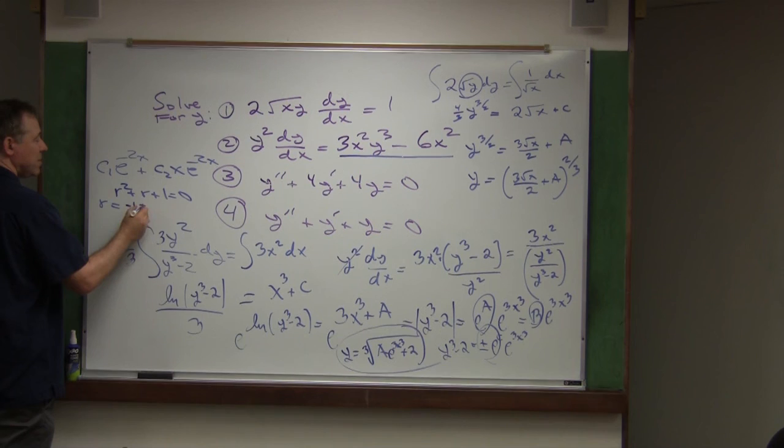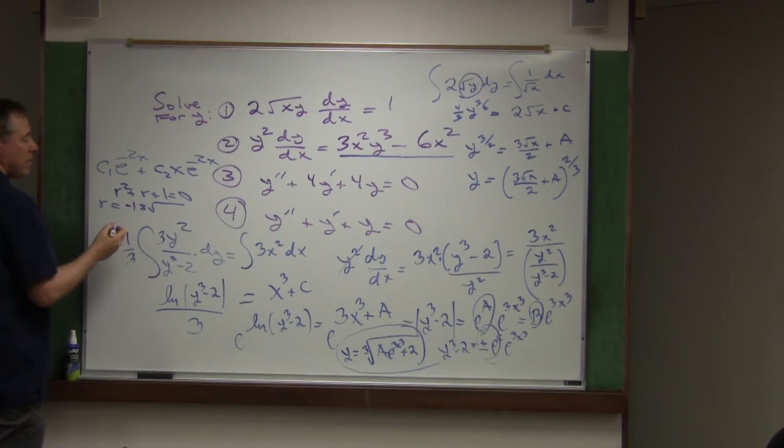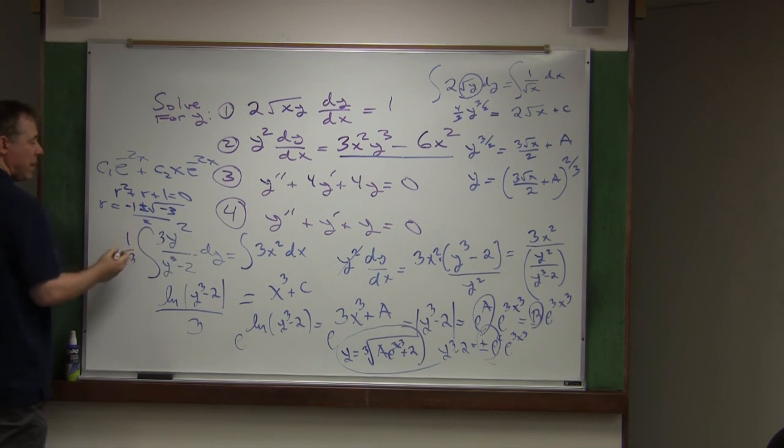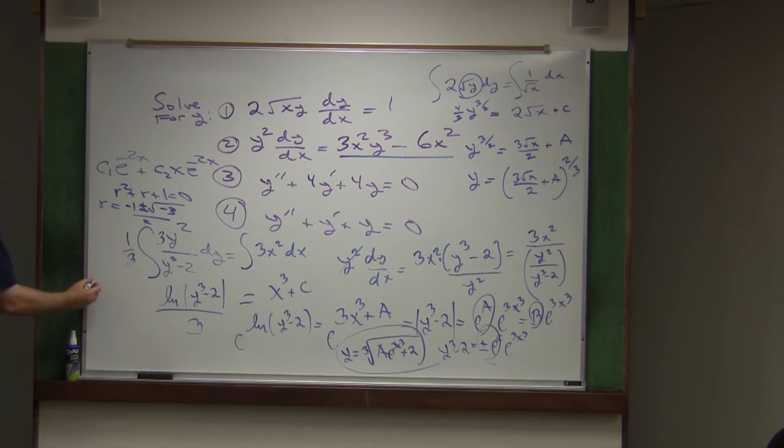Minus 1 plus or minus the square root of, what am I going to get? What's b squared minus 4ac? Negative 3, over 2, yeah? So in other words, it's going to be minus a half plus or minus root 3 over 2 i.